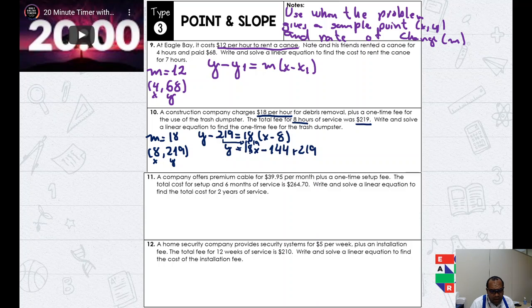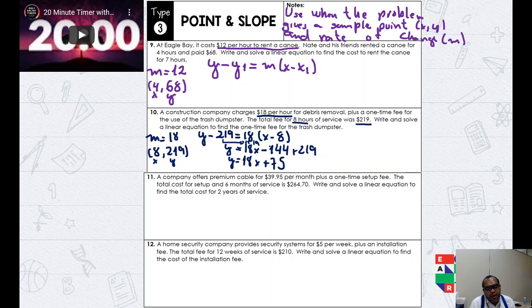Here is my y. Let's solve right now. Negative 144 plus 219 is 75. y equals 18x plus 75.